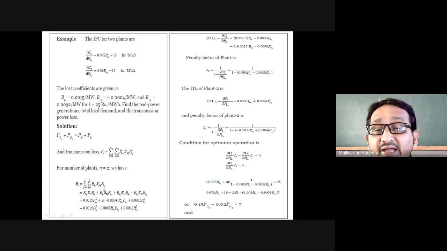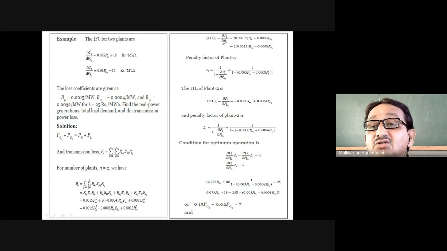For that, again we know economic scheduling of several generators in a lossy system is possible where penalty factor is considered, given by dC1/dPG1 into L1 and so on; dCi/dPGi into Li must be the same. Then I will move to the next right side page. What is that? Incremental transmission line loss.